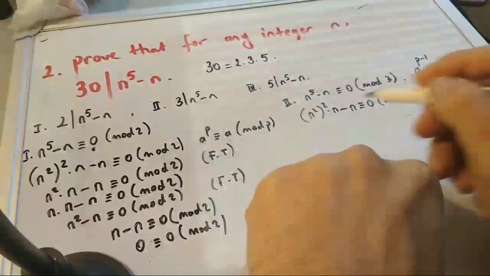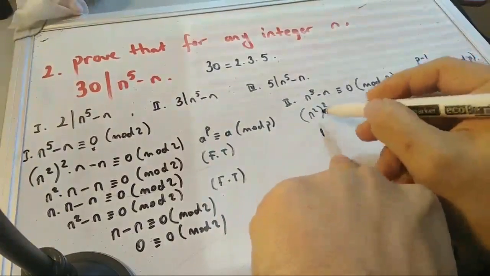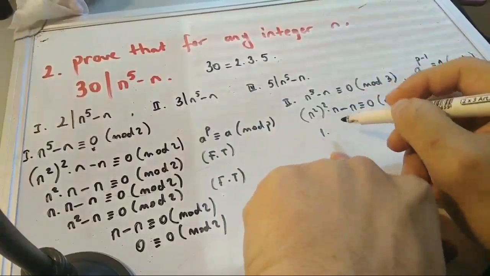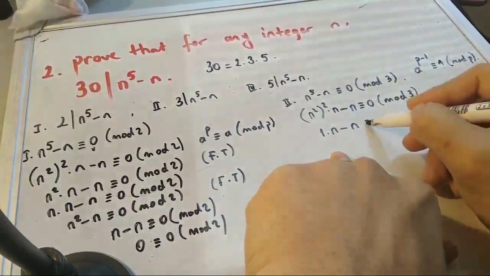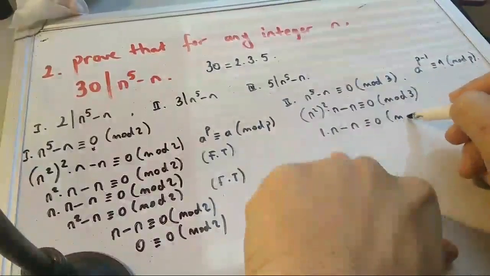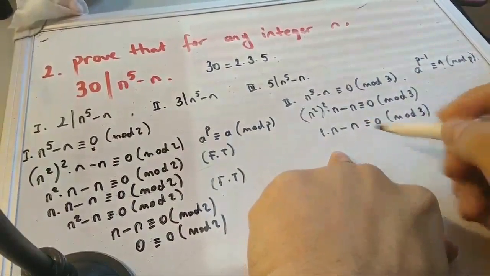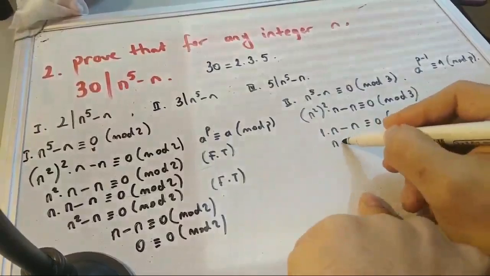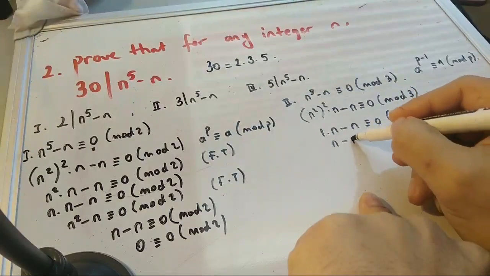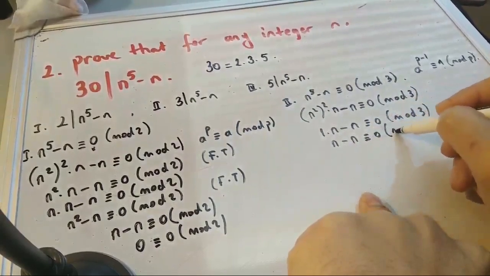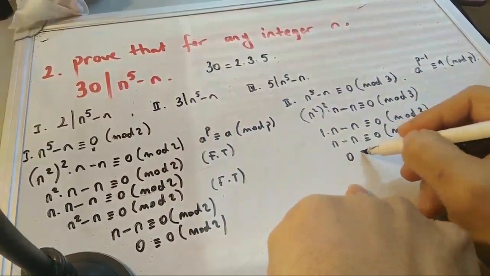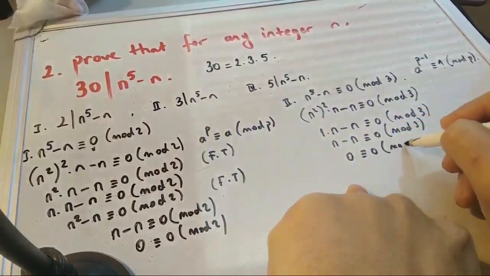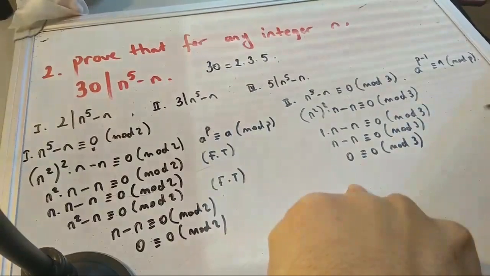The remainder is 1. 1 times n minus n is congruent to 0 in mod 3. 1 times n is itself. N minus n is congruent to 0 in mod 3. So by the way, we will get 0 is congruent to 0 in mod 3. Glad to have it.